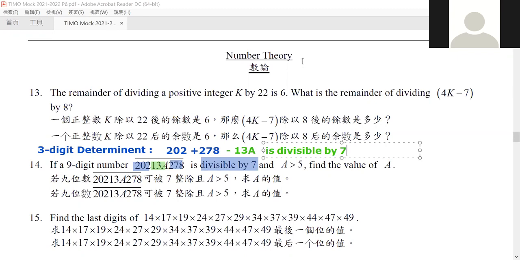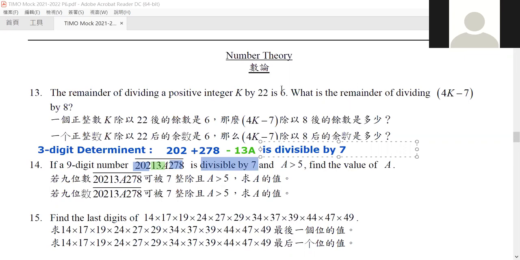In a certain sense, it is very similar to the sum of the digits for divisibility by 9. But in this case, instead of going digit by digit, we divide the number into groups of 3 digits.